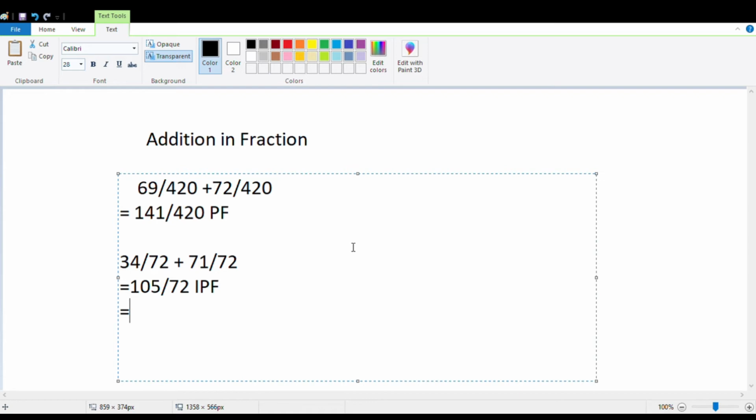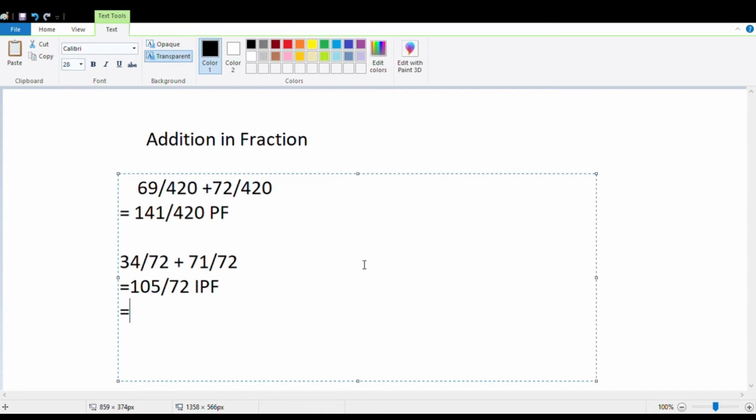Then 72 times 1, which is 72. So now we subtract 72 from 105. So you'll get the answer as 33, right? The remainder will be 33.